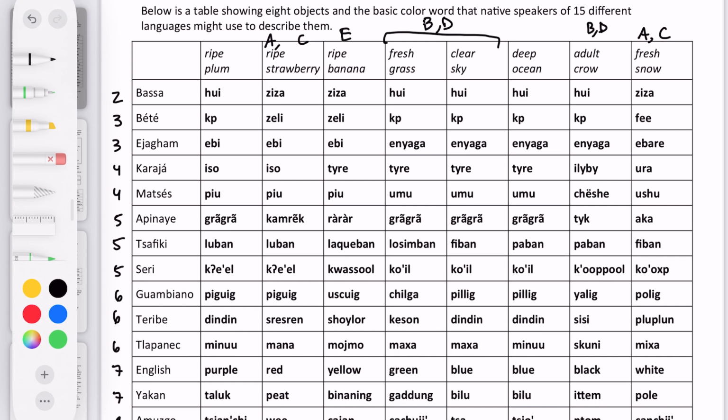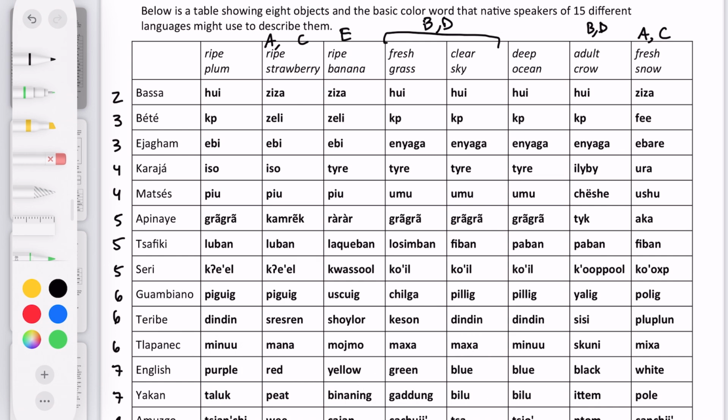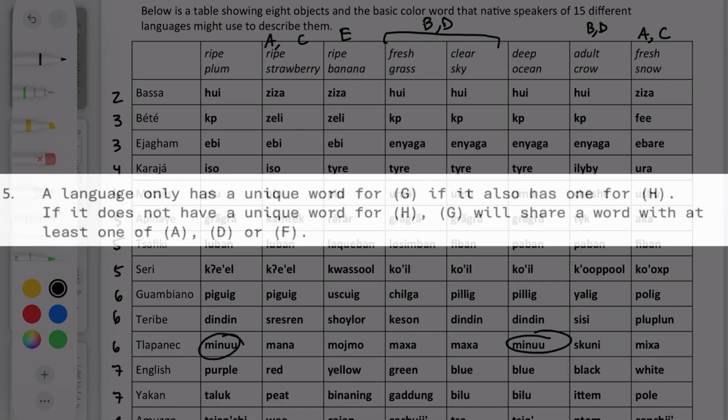So either G is going to match up with one of the Maxa columns or H's, and then the other one is going to match up with one of the Minu columns. And the reason for this is, let's say that G or H is under Minu, and then the other G or H is also under Minu. Then, according to this rule, H would not be a unique word, which means that G would have to share a word with at least one of A, D, or F.